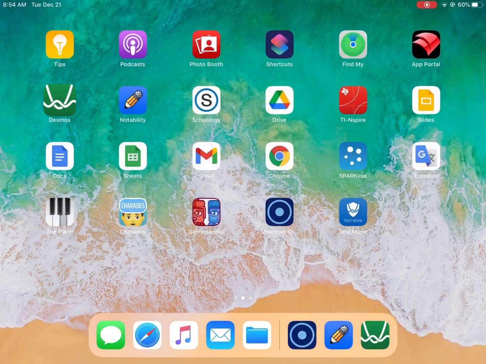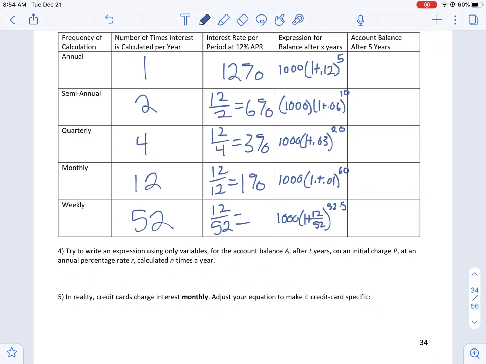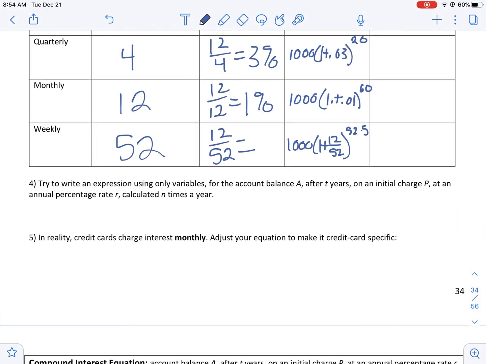So if we were to write an expression here, A equals, we start with 1 plus our rate divided by the number of times we charge it, to the power of t times n, the number of times it's checked.